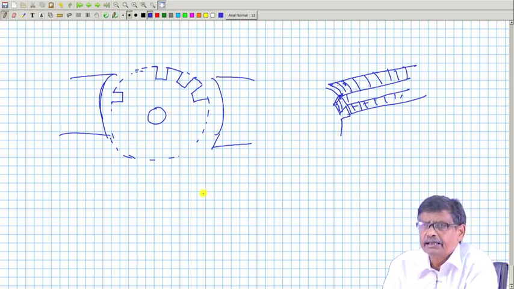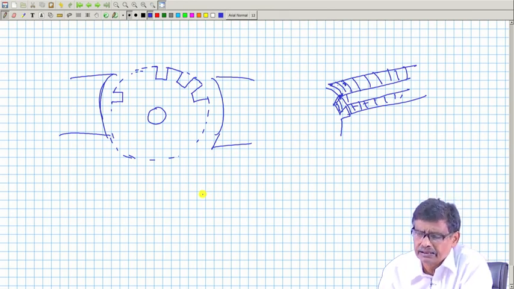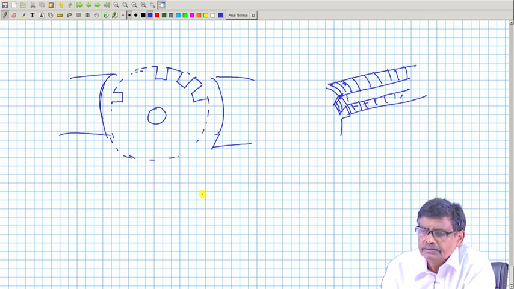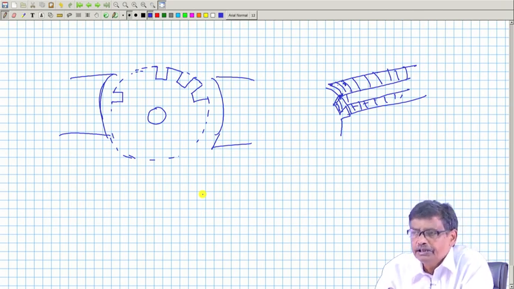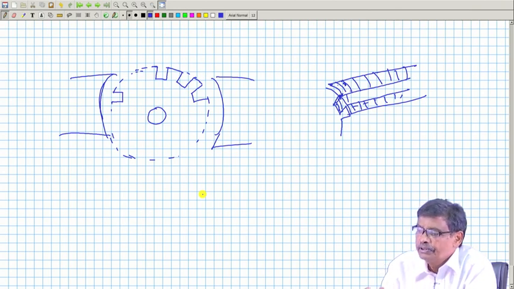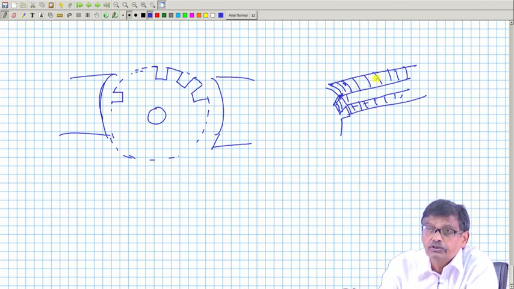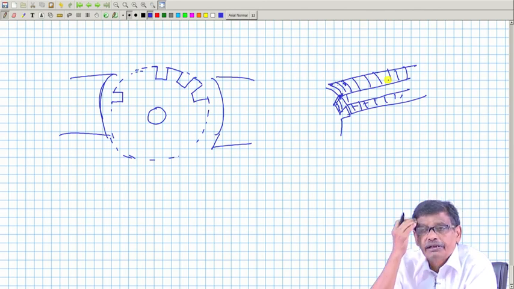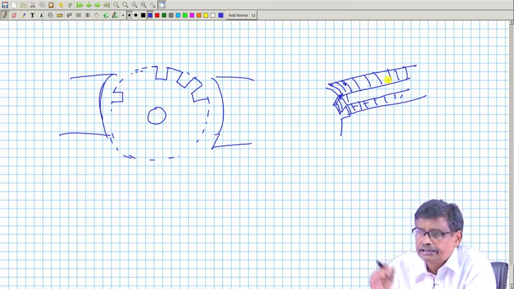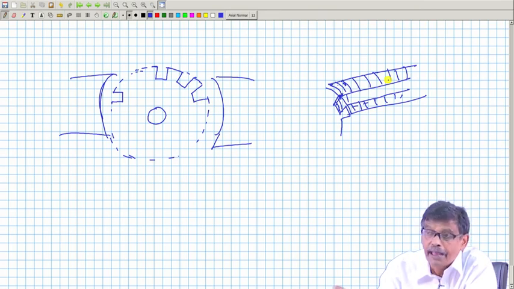If it is a separately excited machine and you are not changing the field current, strength of the eddy current, I know it depends upon the frequency of the induced voltage. Frequency of the induced voltage, AC induced voltage in the armature body will be Pn by 2, like that. So, it will be proportional to frequency square, it will be proportional to the Bmax square.